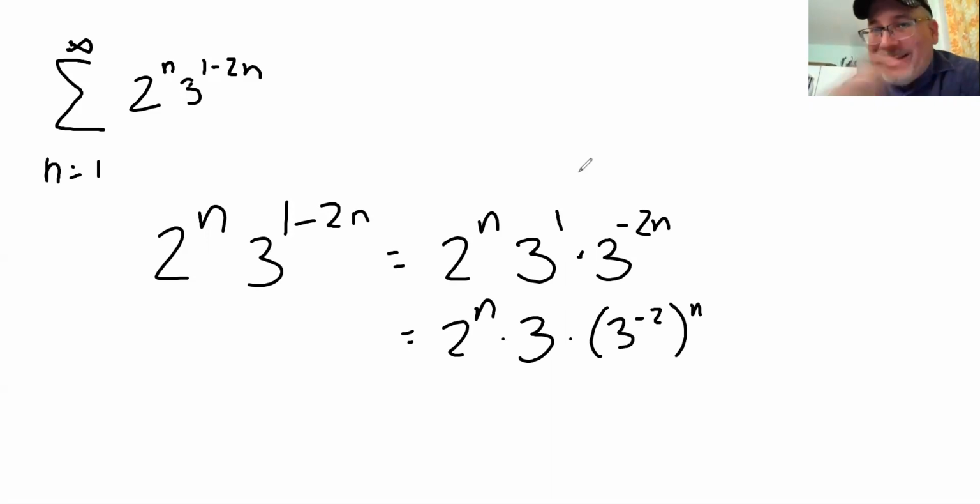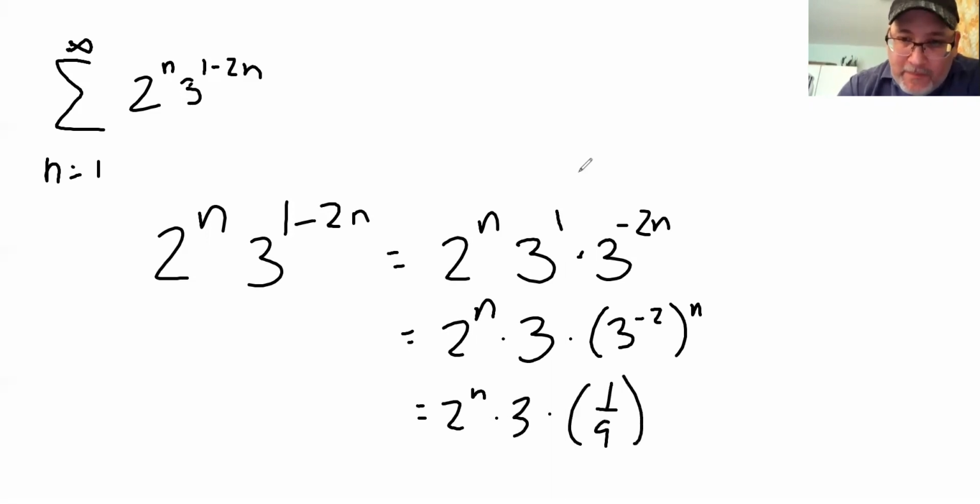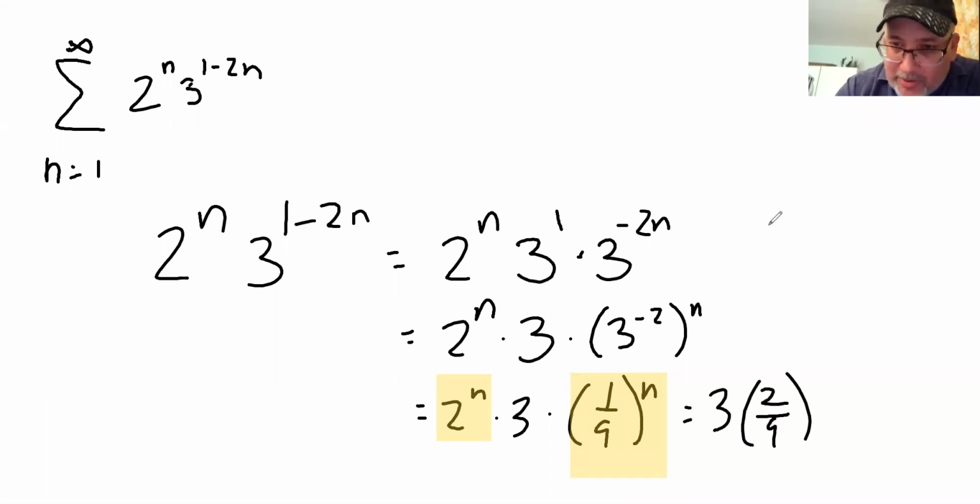Remember, I'm trying to extract the n from each exponent. Well, 3 to the negative 2 power is 1/9. And now we can multiply together the two factors that have the n as an exponent. And if we multiply those together, we get 3 times 2/9 to the nth power.